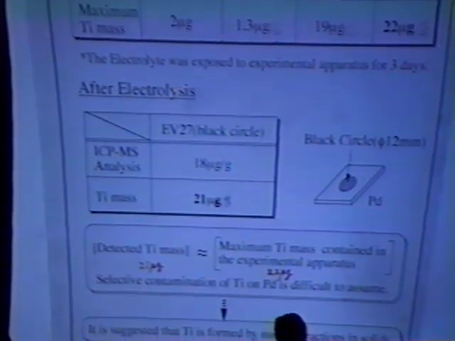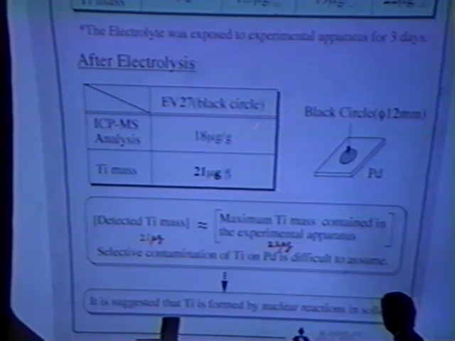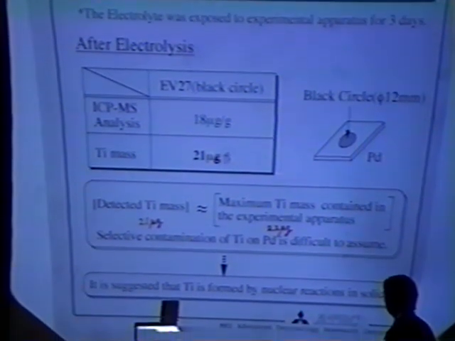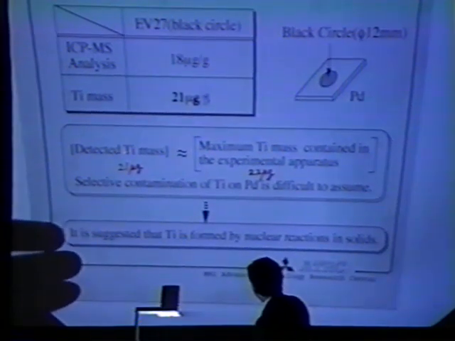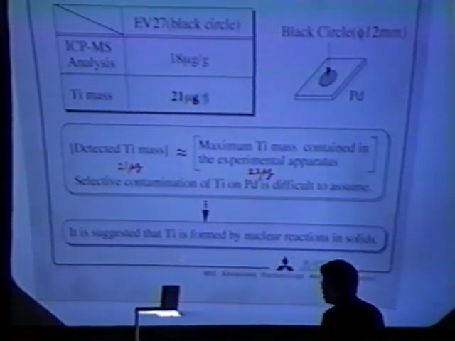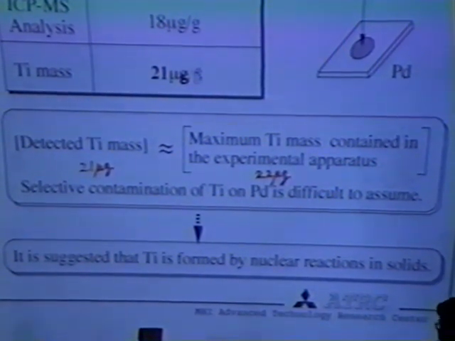But on the other hand, after electrolysis, we analyzed the black circle by ICP mass. And we estimate that the titanium mass is 21 micrograms. So the detected titanium mass is nearly equal to the maximum titanium mass contained in the experimental apparatus.